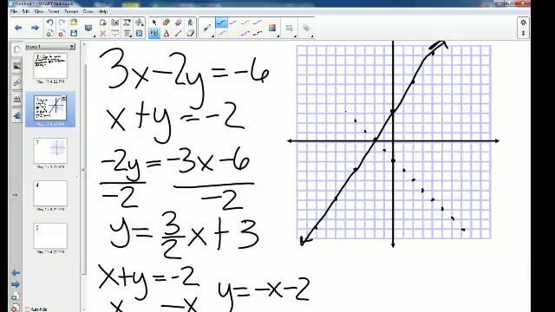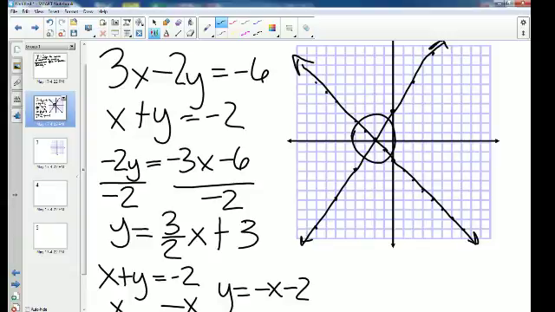There's going to be an intersection between the two graphs, so I'm going to connect the dots. As you can see right here, we have an intersection between the two lines.